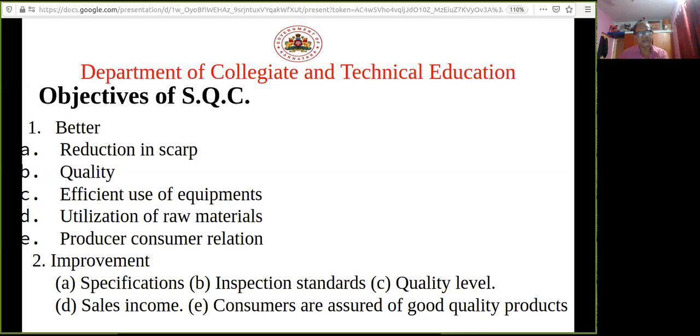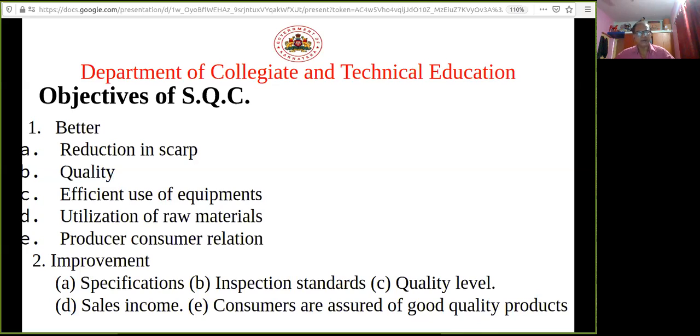We are going to maintain the materials and the equipment. The maintenance of the equipment is a very important aspect in statistical quality control. When you maintain the equipment, naturally the efficiency of the equipment will be better. That's why there is better utilization of the equipment.